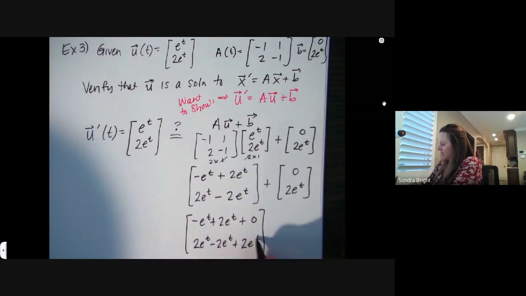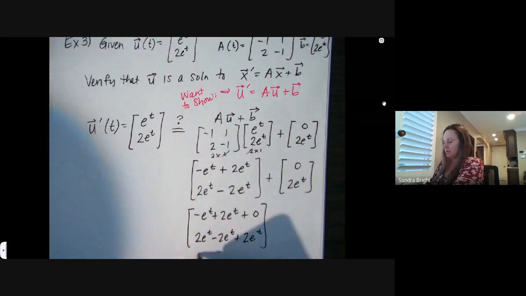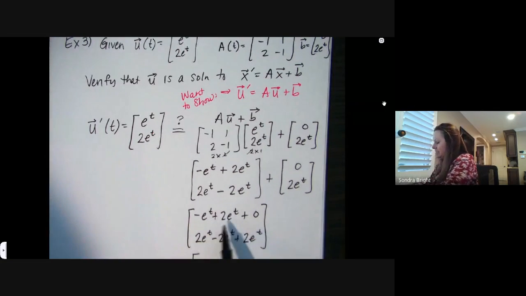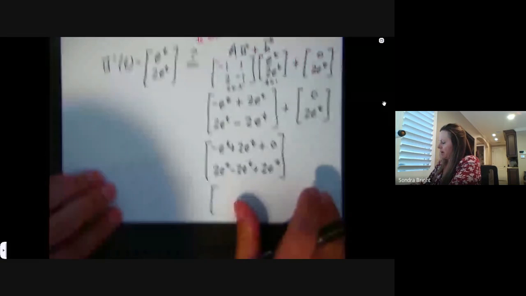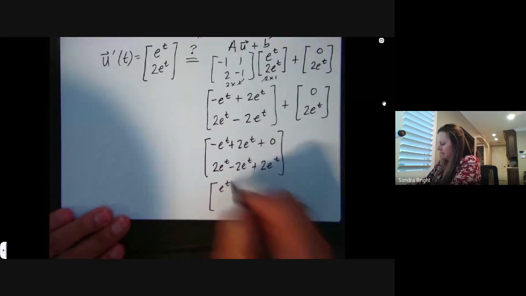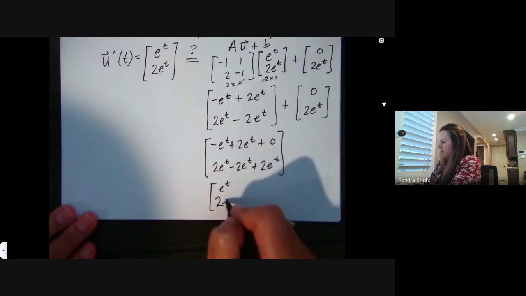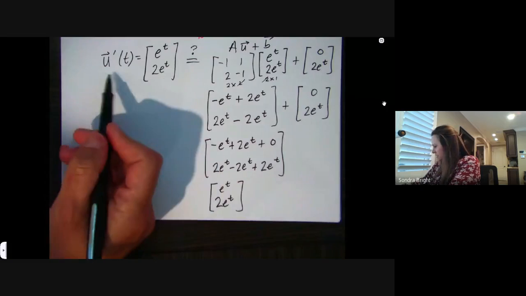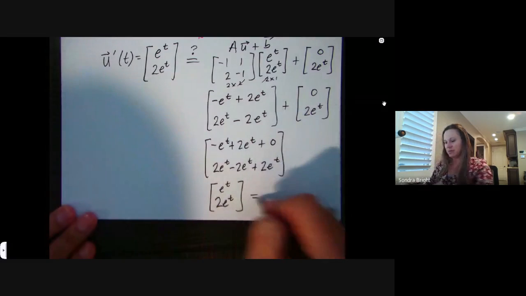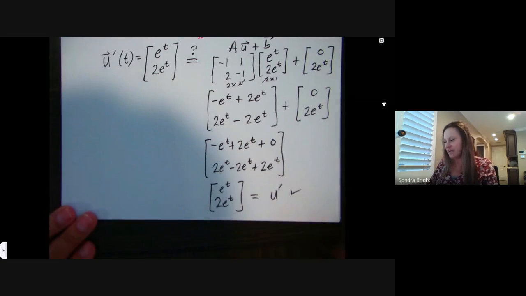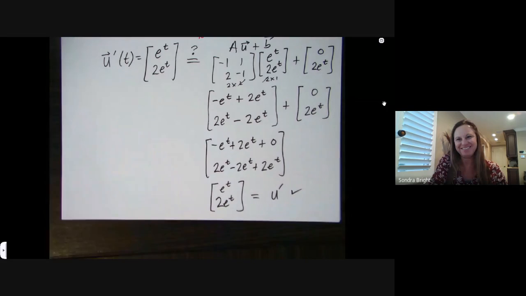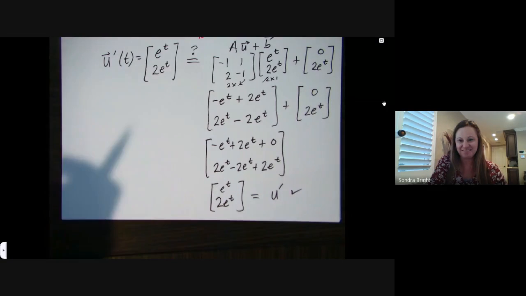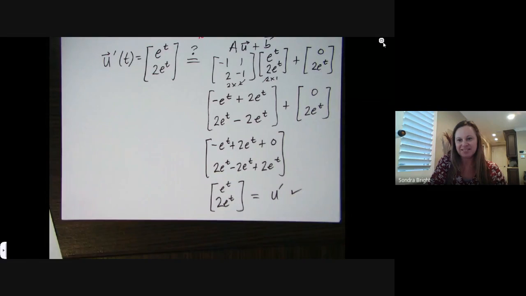That gives me e to the t on the top and 2e to the t on the bottom. Was that equivalent to U prime? Why, yes, it was. Check. They were just asking us to verify, and we did. Not too bad, huh? Make up for yesterday's lesson.